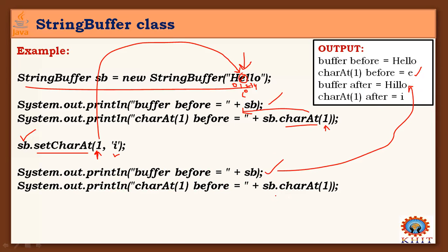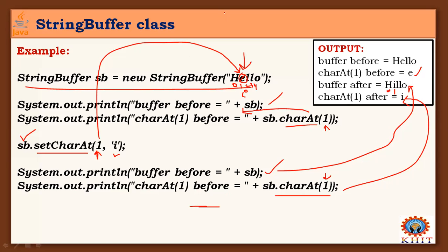When we apply charAt again, what is the character at index 1? It gives I. 0 and 1 like that. That is the index. Got it? So these are the uses of these two functions for modification.